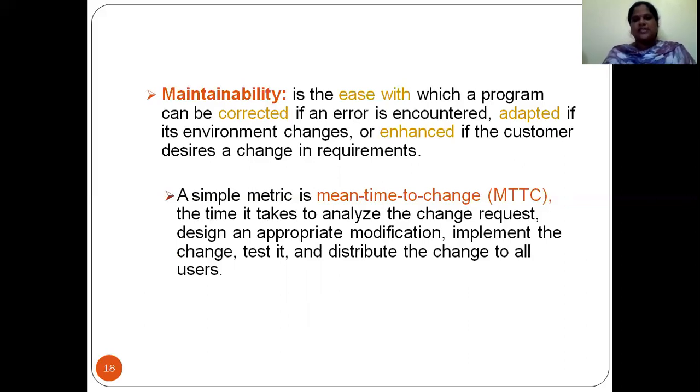So this process comes under maintainability. If the customer wants immediate changes, they can be done easily to the software. You should be aware that you can easily correct the software project or product you have built.